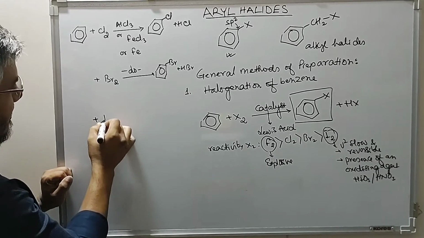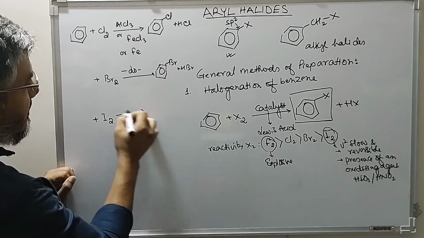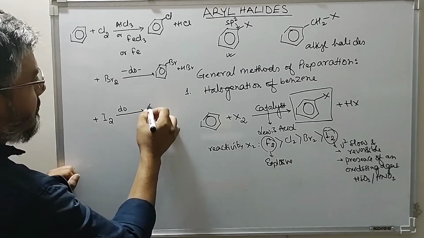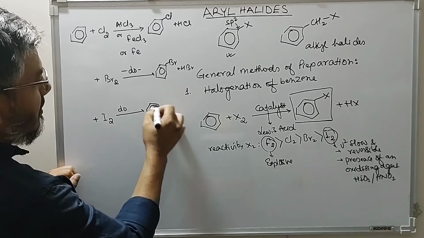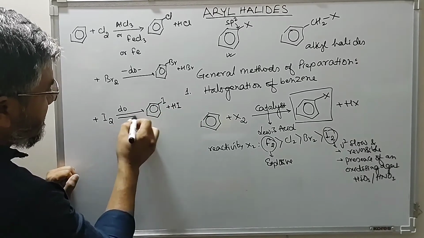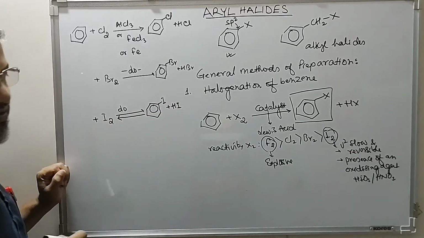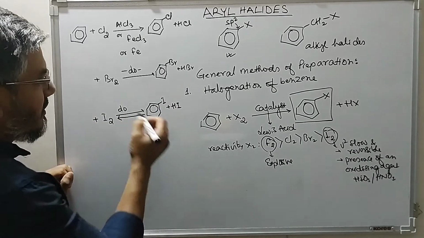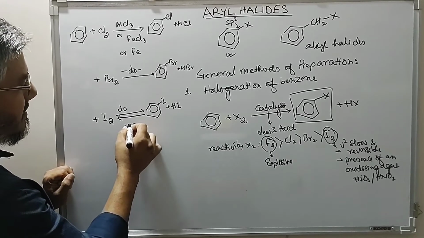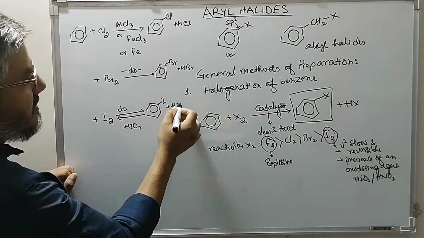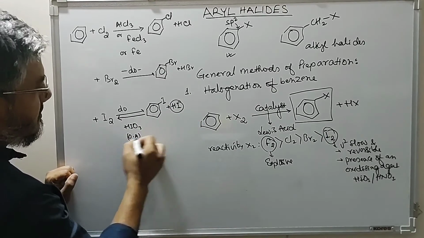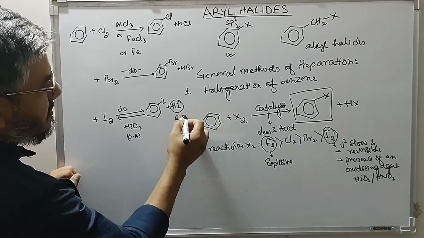But if the reaction is carried out with iodine in presence of the same catalyst, we have iodobenzene and HI is formed. This reaction is reversible. So if the reaction is carried out in presence of an oxidizing agent, this is the oxidizing agent, this is the reducing agent.